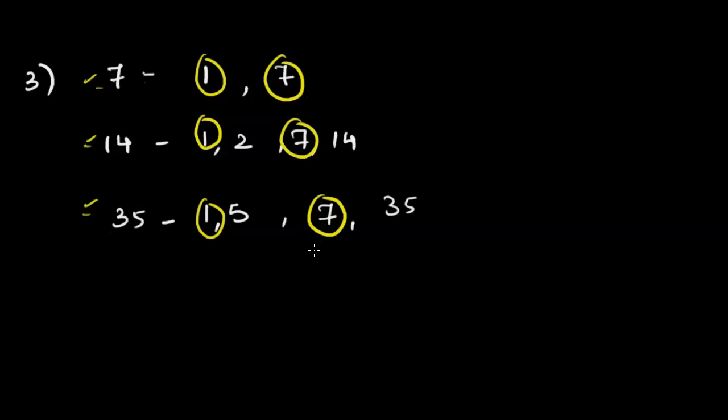This 7 is common in all three numbers. Therefore, the greatest common factor is 7, because this is the greatest number that's common to the three numbers. And this is how we find the greatest common factor using the factor rainbow method, or the method in which we write all the factors and then figure out the greatest common factor.